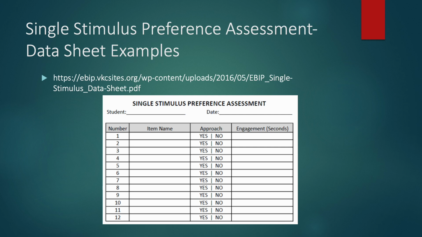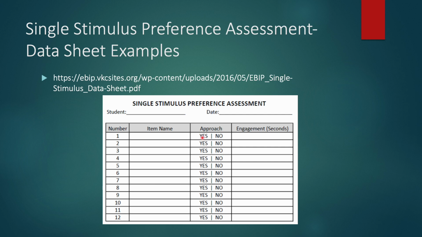I'll just go over really quickly how to fill out the data sheet. Basically, you would write down the name for every single item that you will be using, and each item is going to be associated with a number. So let's say that you have a toy car, a squishmallow, Play-Doh, and so on and so forth. You would name every single item that you're testing.